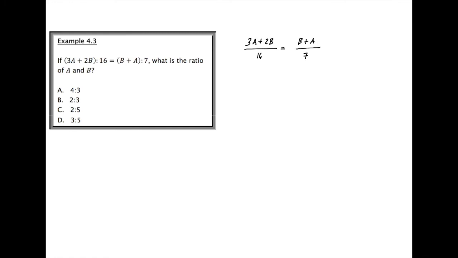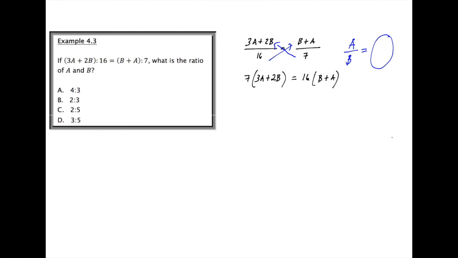We should take note that we are asked to solve for the ratio of a and b, and therefore our target is to arrive at a over b equals something. Let's now write our mathematical solution: we have 7 multiplied by 3a plus 2b equals 16 multiplied by b plus a.